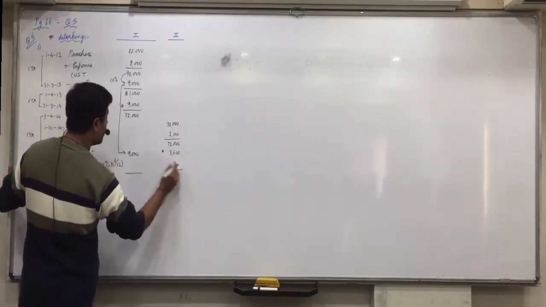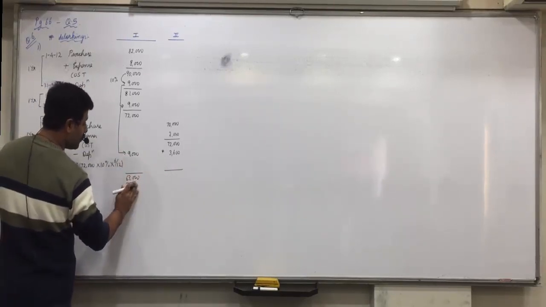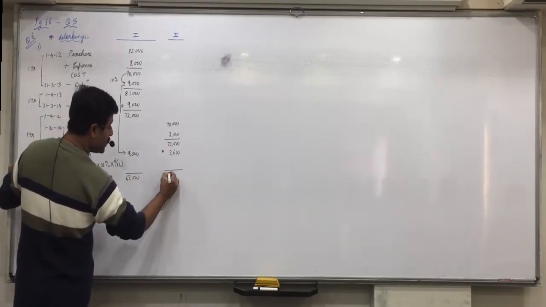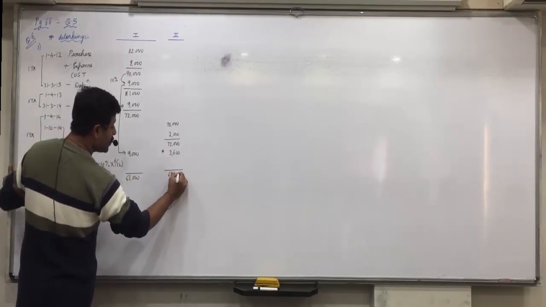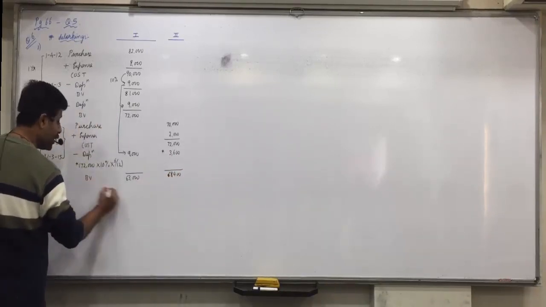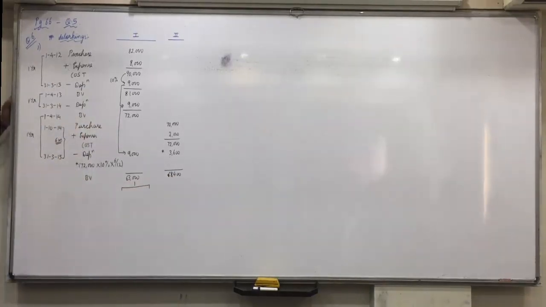So 72 minus 9, 63,000, and 72,000 minus 3,600, 68,400 will be the book value. Now this machine you have to divide in two parts, because entire machine 1 is not sold.